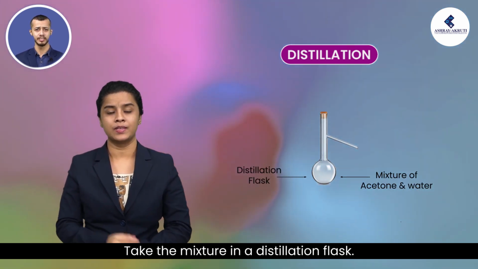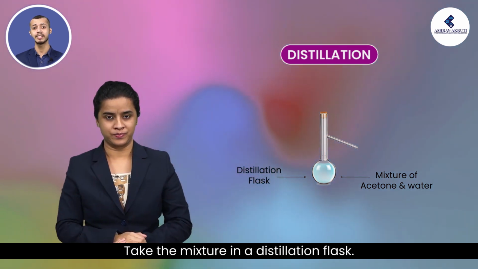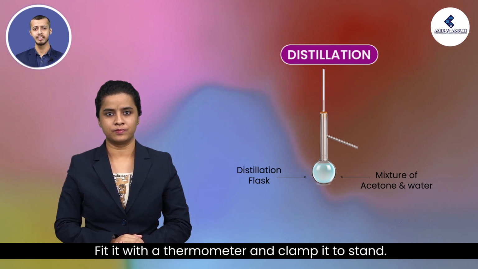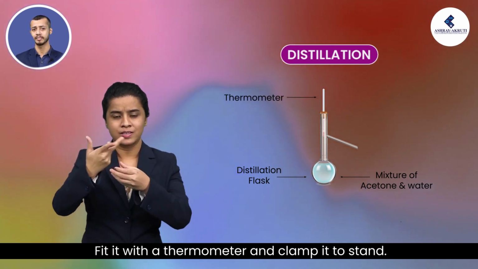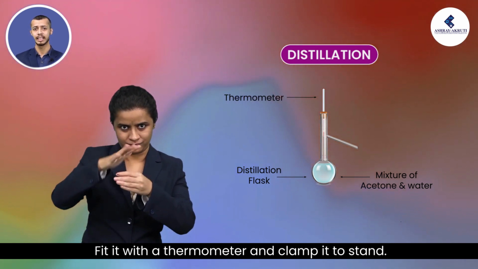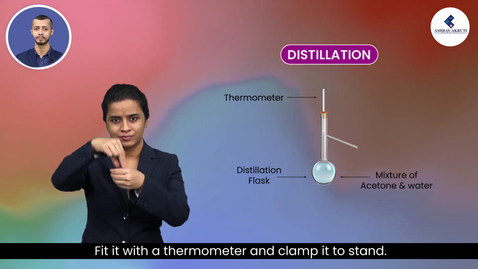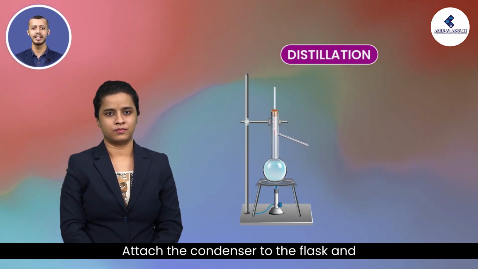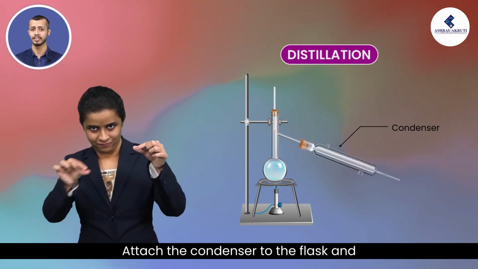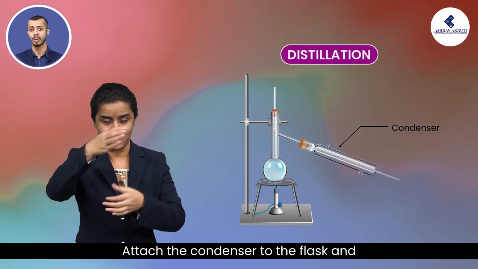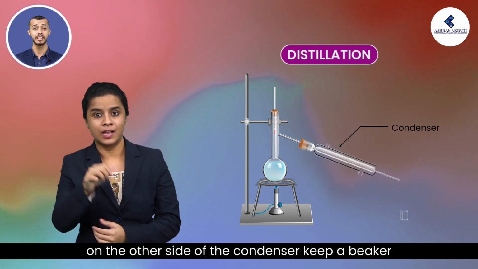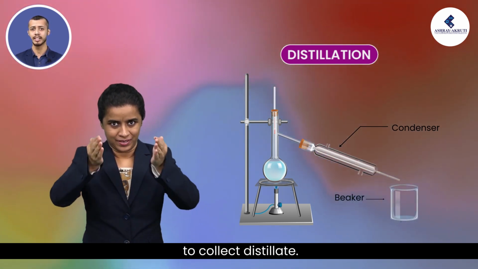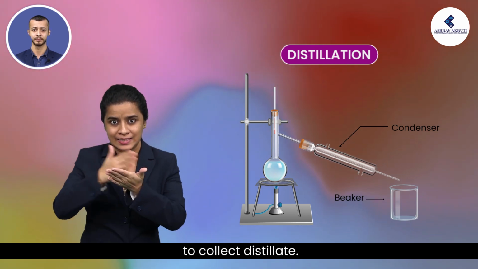Take the mixture in a distillation flask. Fit it with a thermometer and clamp it to stand. Attach the condenser to the flask and on the other side of the condenser, keep a beaker to collect distillate.